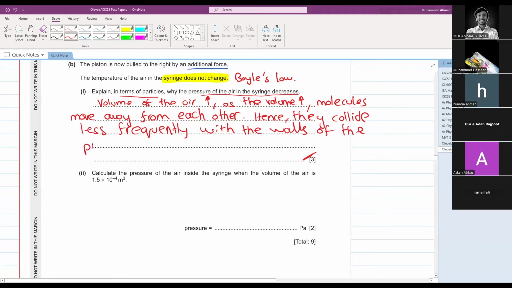And hence less frequently collide करेंगे with the walls of the piston, फिर क्या होगा? Your pressure decreases. देख रहे हो कितना सलीके से, कितना तमीज से आंसर लिखा है. Yep, very good, very good. This is a perfect answer.